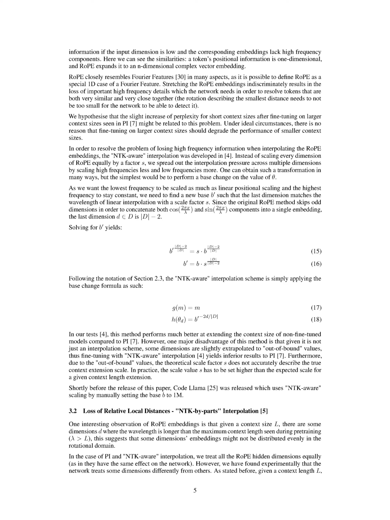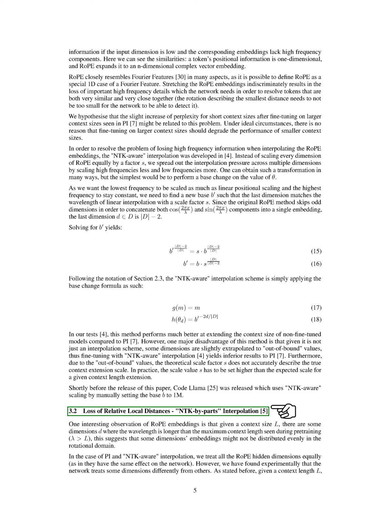This method spreads out the interpolation pressure across multiple dimensions by scaling high frequencies less and low frequencies more. However, it has the disadvantage of extrapolating some dimensions to out-of-bound values, resulting in inferior results compared to the traditional interpolation method.